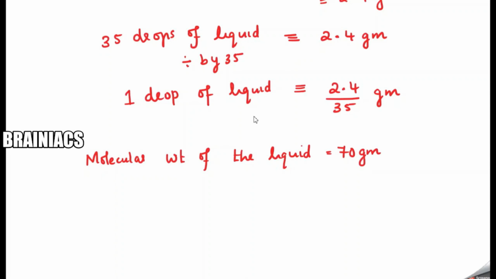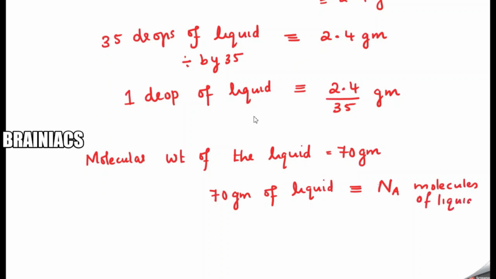Molecular weight of any compound will contain Avogadro number of molecules, correct. So 70 gram of the liquid contains Avogadro number of molecules of liquid.